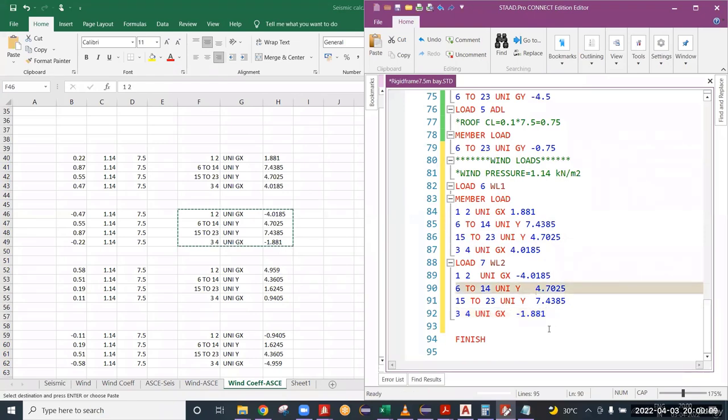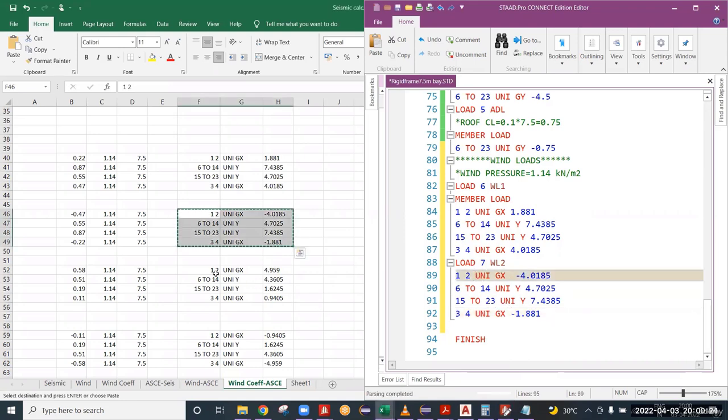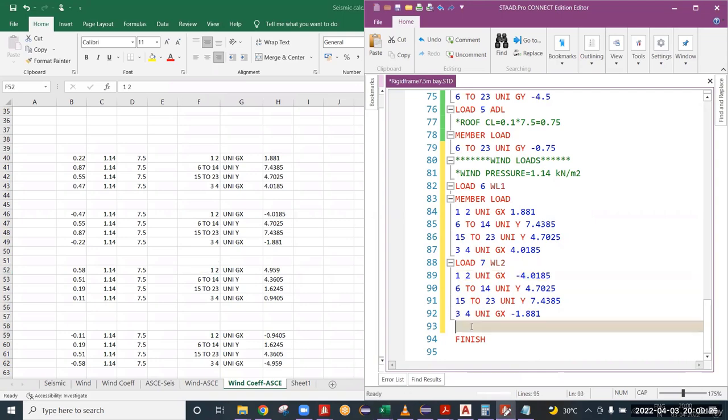Actually there is one sheet with me, but if I show that sheet to you, you'll surely get confused. That is why I'm using this Excel sheet, so it is showing some extra spaces. Okay, so load case 3, wind load 3.